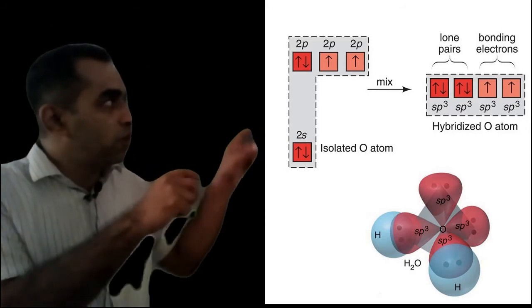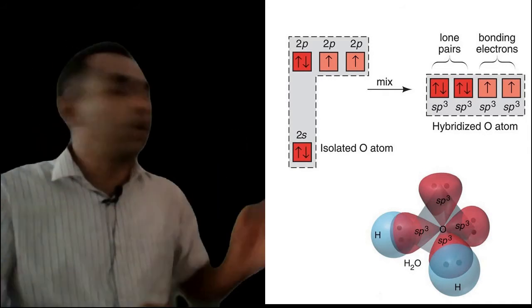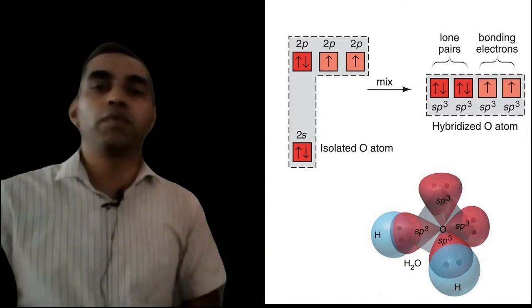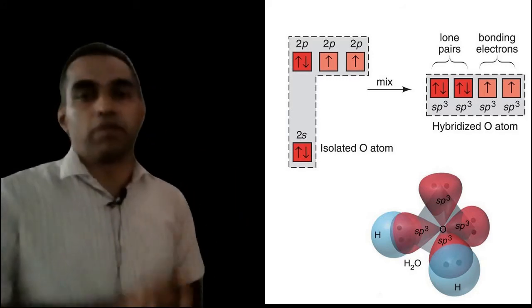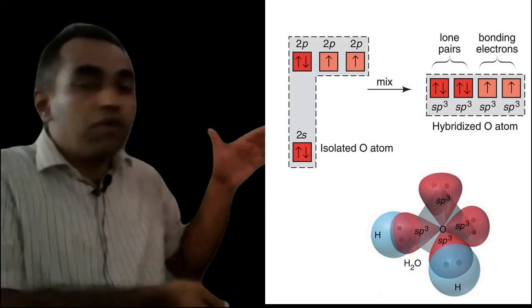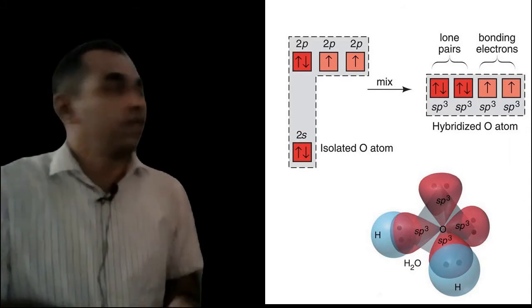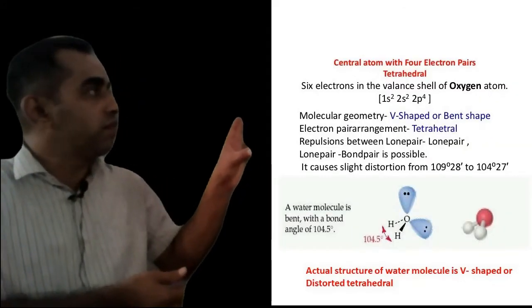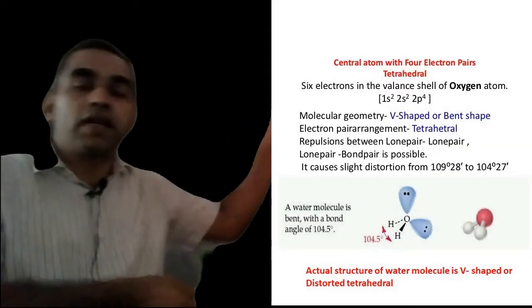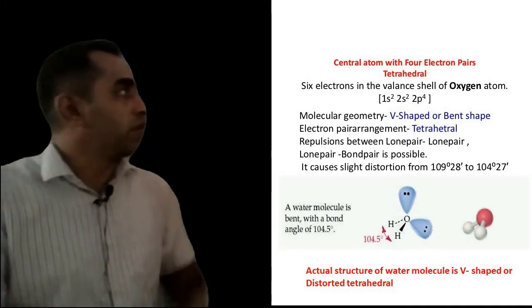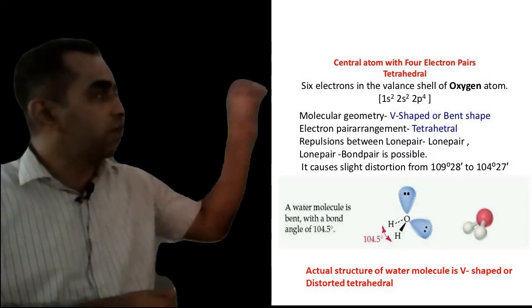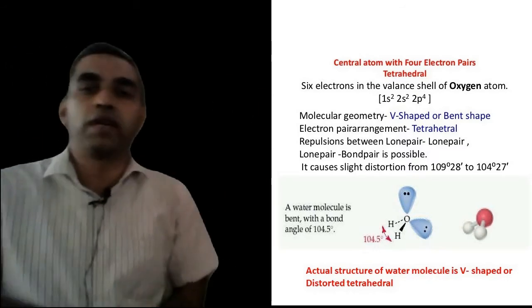Now, 2 orbitals from them will overlap with 2 hydrogen atoms to give the H2O molecule. You can see this is again a distorted one. This distorted structure is totally different from the regular tetrahedral structure of methane. You can see the bond angle is totally different and again the bond length is different.